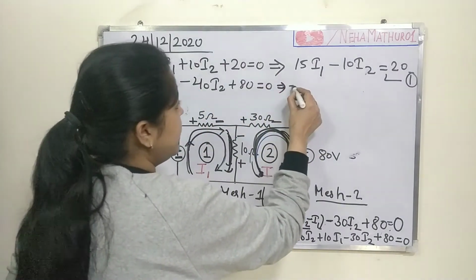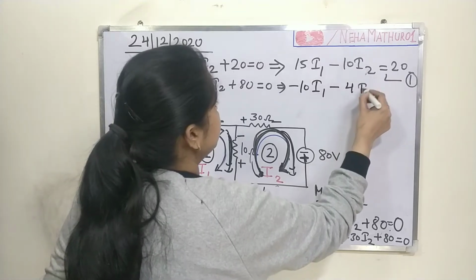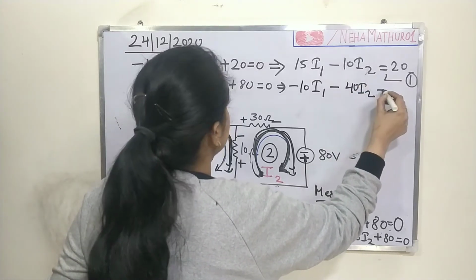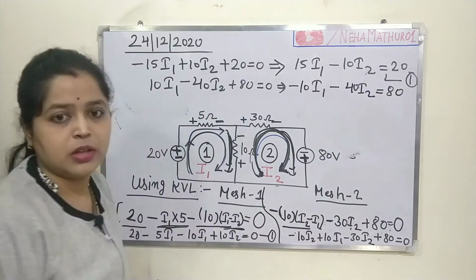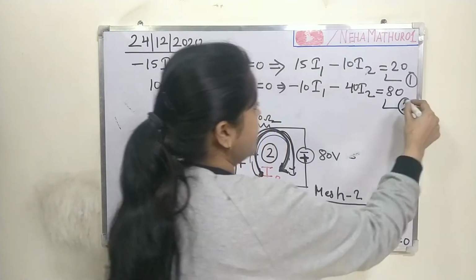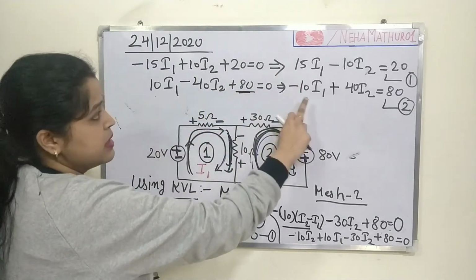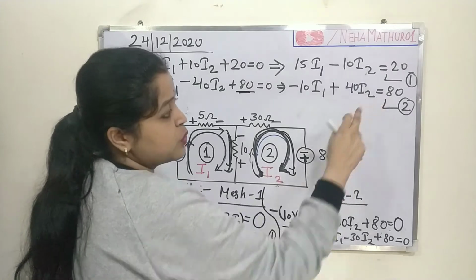So I am rewriting the equation in a simple manner, minus 40 I2 equals 80. Fine. So these are the two basic equations. I am just separating the constant, so it will be minus 10 I1 plus 40 I2 equals 80.